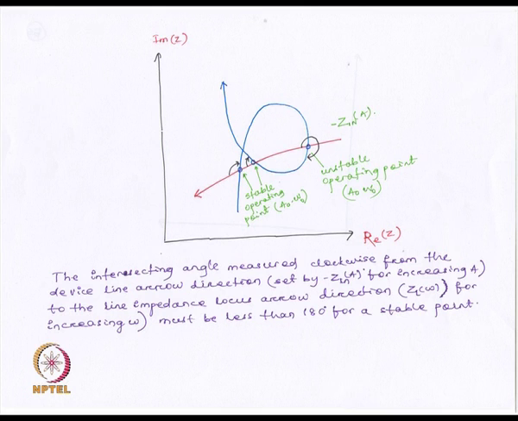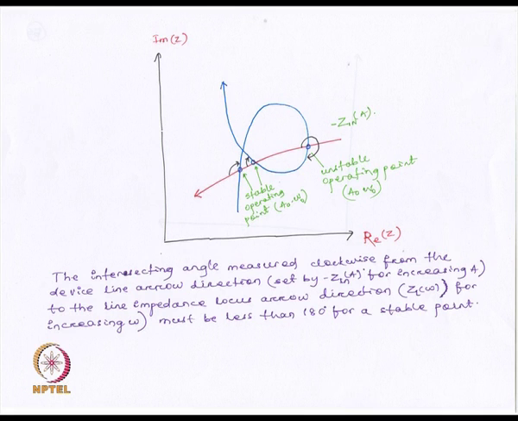So in this case, the angle is less than 180 degrees. Therefore, this point represents a stable oscillation point. In this case also, at the point of oscillation, the angle between the tangent of this minus Z in of A curve and the tangent to the ZL curve is less than 180 degrees.